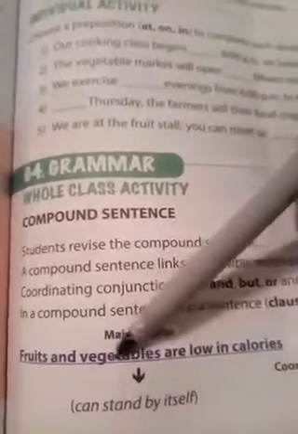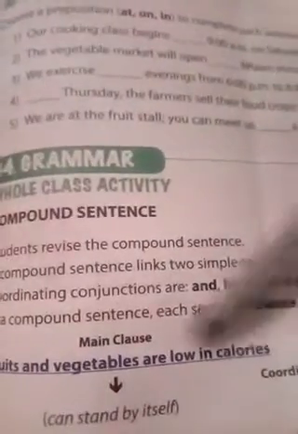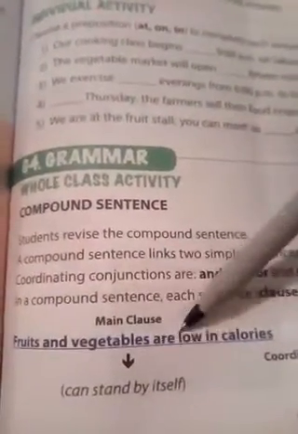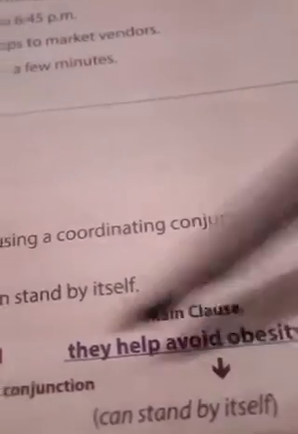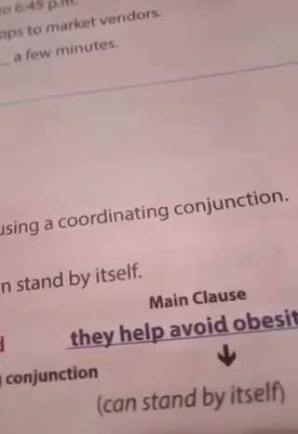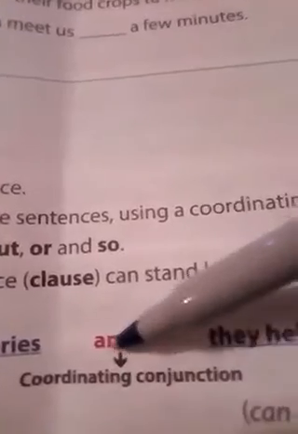Here we have: fruits and vegetables are low in calories. That's a complete sentence, and you call it a main clause or an independent clause. All right, and look at this: they help avoid obesity. That's another sentence. But look what happened here. It was joined by the word and.